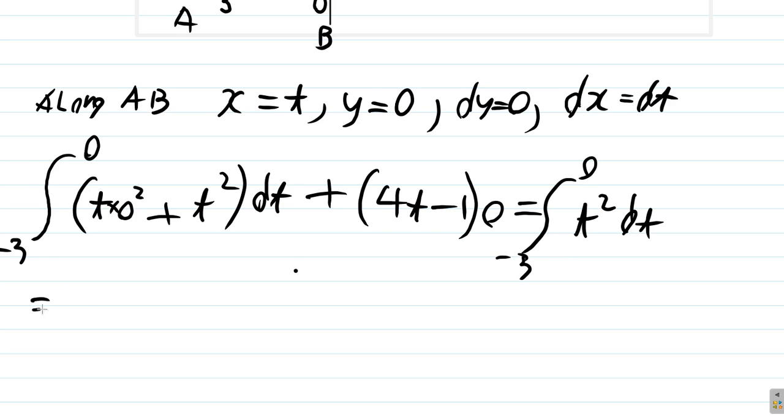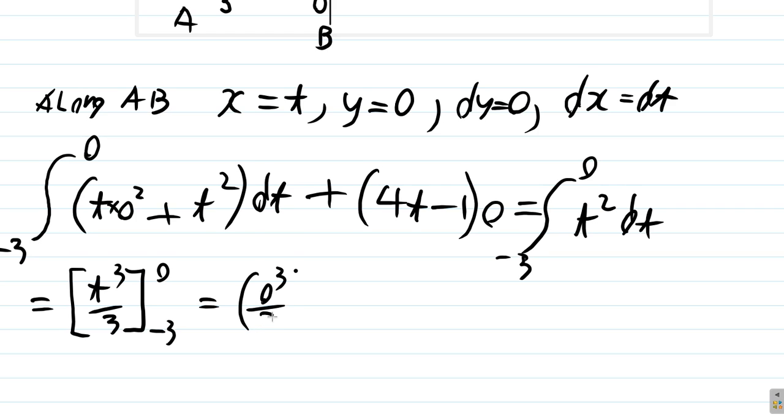What do you get? When you integrate t squared with respect to t, you get t cubed over 3. And it's a definite integral, so you're going from -3 to 0. This is equal to, put 0 first, 0 cubed over 3 minus -3 cubed over 3.